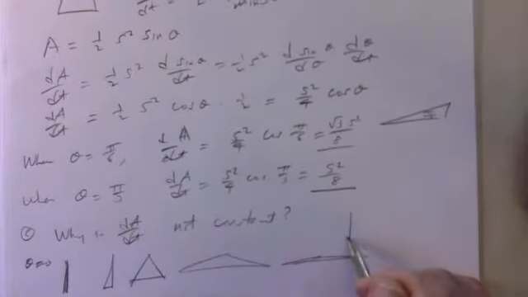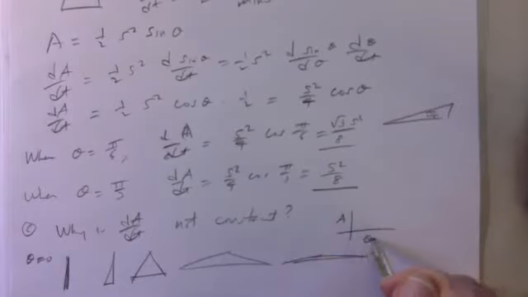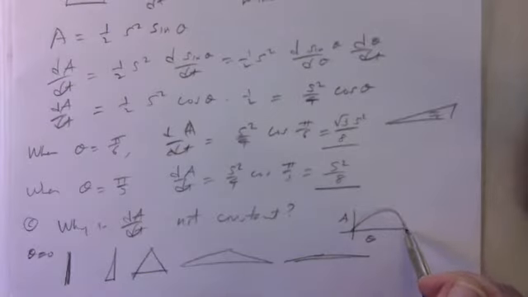So if you look at area as a function of theta, it starts at 0, increases, and then comes down to 0 again. So that's the reason why dA/dt is not constant.